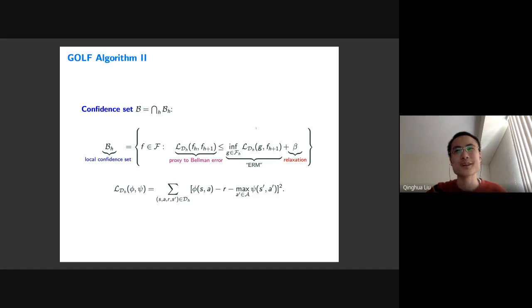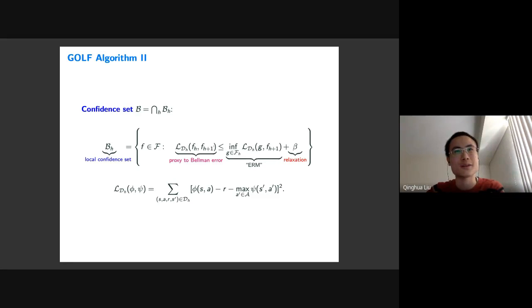So if you're asking about realizability, then if we don't have realizability, this confidence set may be empty. So we don't want empty confidence sets. And if we don't have completeness, I don't know how to obtain some meaningful guarantee from this construction, because this construction heavily relies on the completeness assumption.